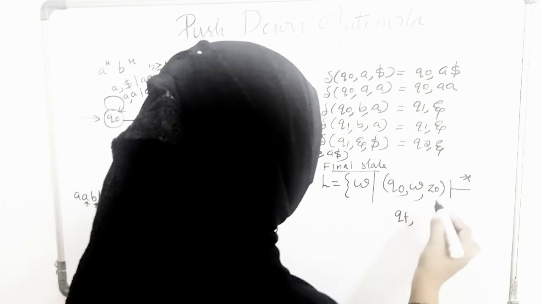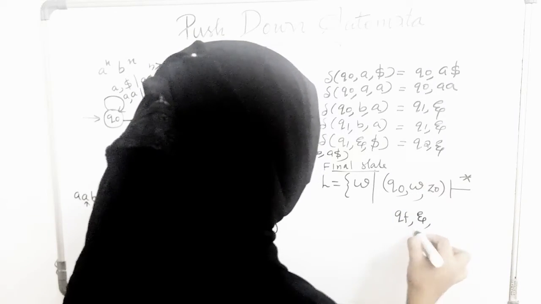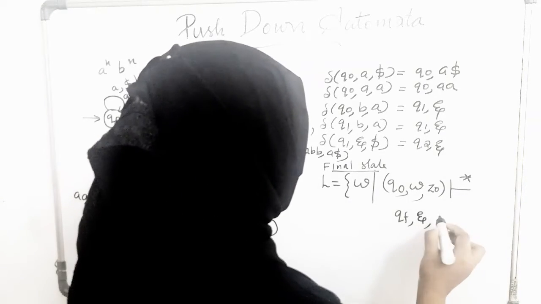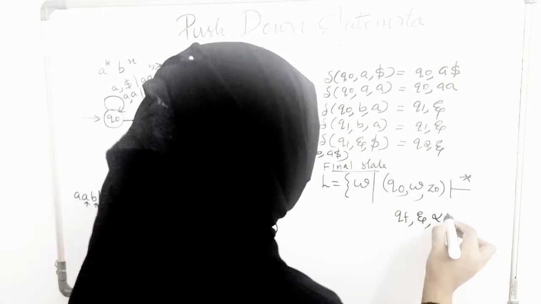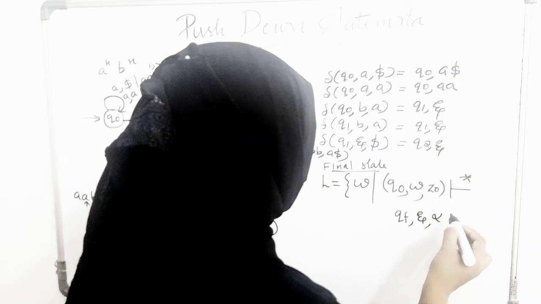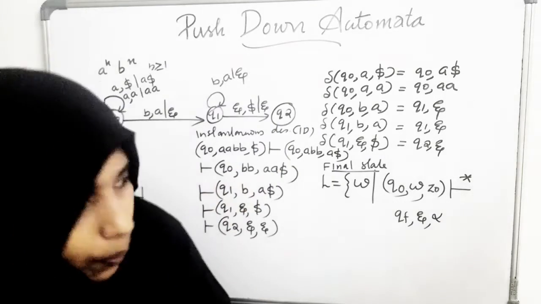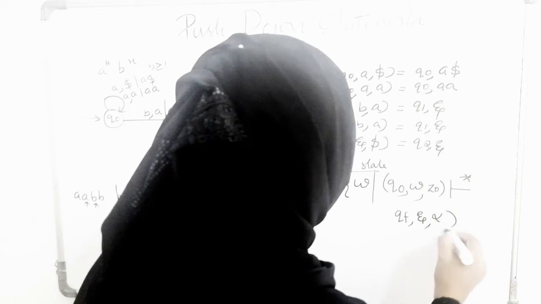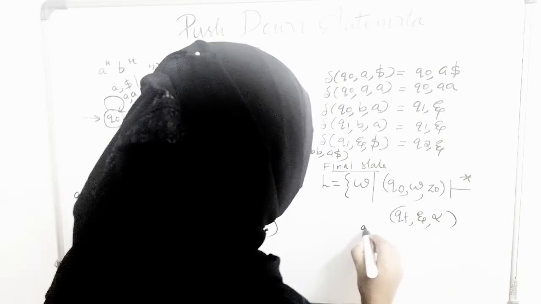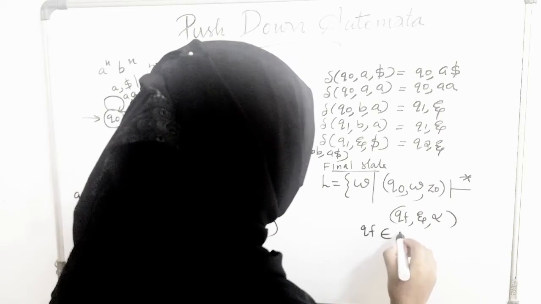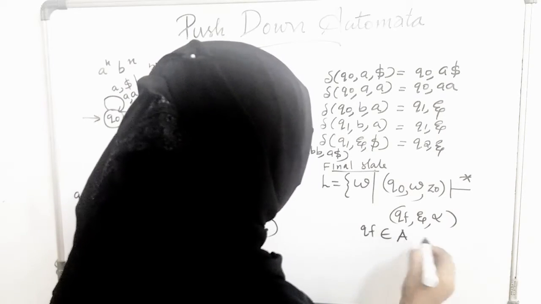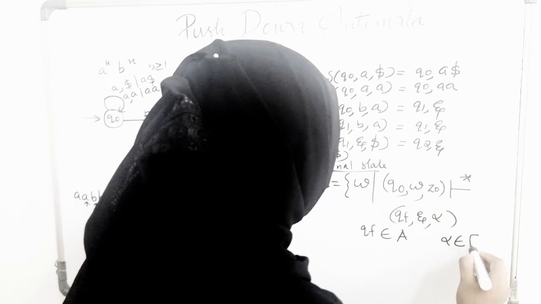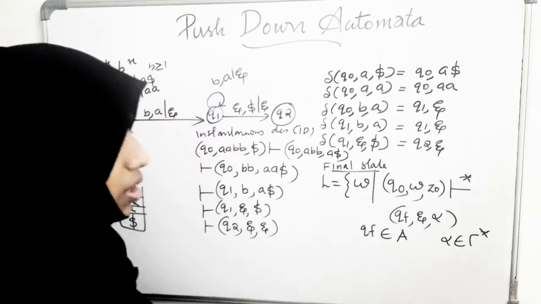The input string will be empty. When you reach there, the input will have been completely processed, and the remaining stack can have symbols. It doesn't matter. So here QF is an element of the set of accepting states A, and alpha is an element of tau star, that is, alpha is made up of strings from tau.